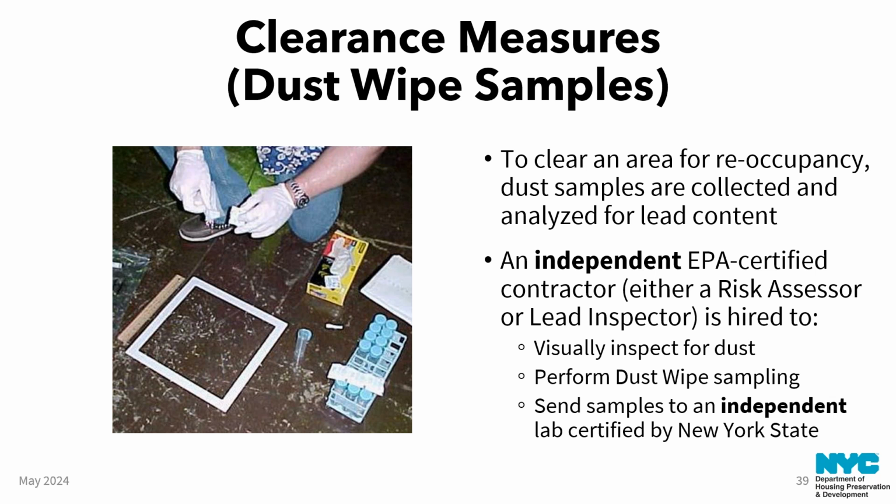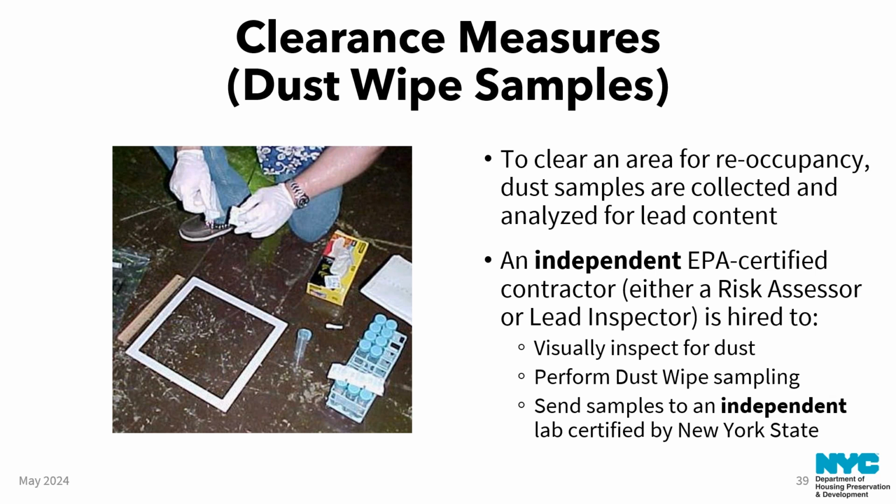It's very important to highlight that we have to do clearance because visual inspection is not enough to tell whether there's a dust hazard in the apartment. So, sometimes it might be obvious that the site wasn't cleaned properly because there's visible dust. That's an easy situation where we know there needs to be additional cleaning.